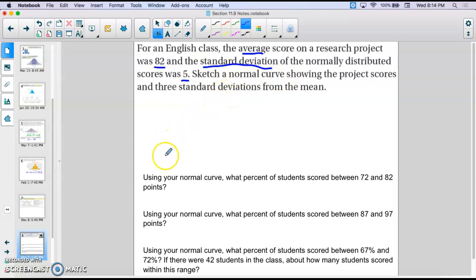We start off with an x-axis, and then we know that our median is going to be at 82. One standard deviation away, with a standard deviation of 5, we add 5 and get 87. Go the other direction, we get 77.